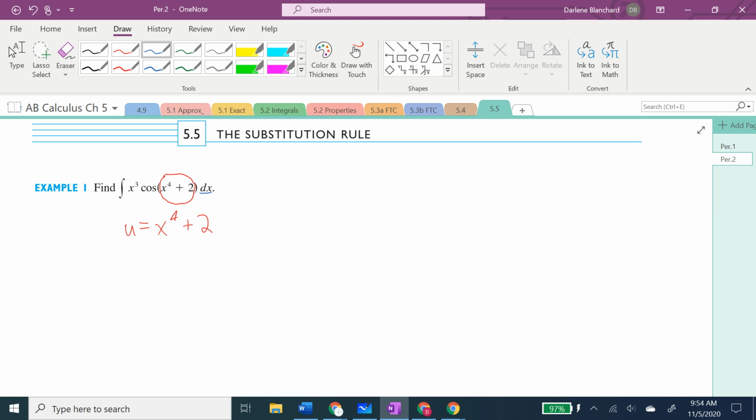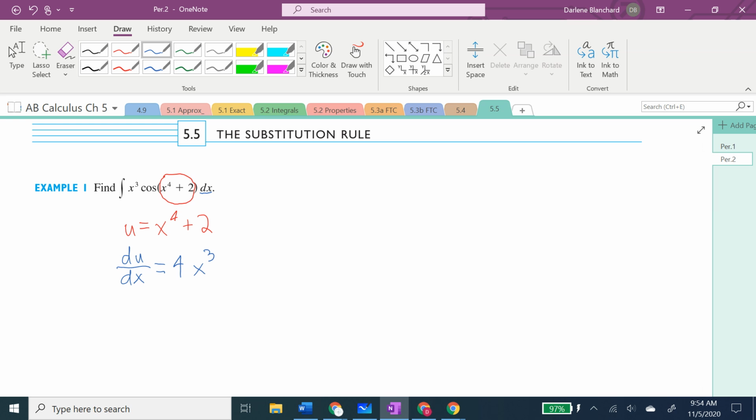And so when I take the derivative, that derivative is du dx, and we get 4x to the third power. If we're trying to get a relationship between the differentials dx and du, then I'm going to multiply that dx over to the right side.